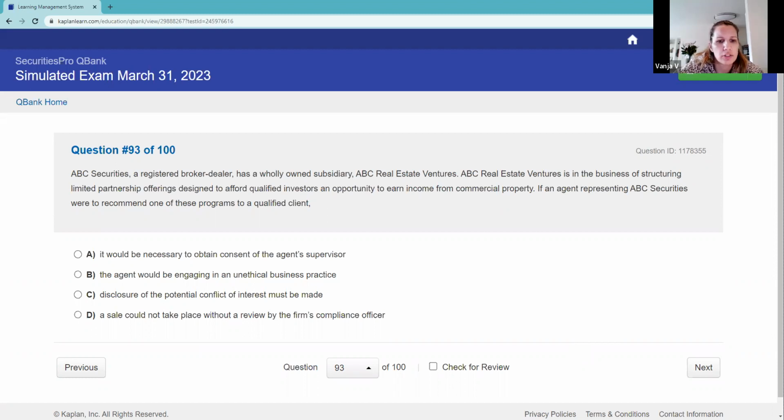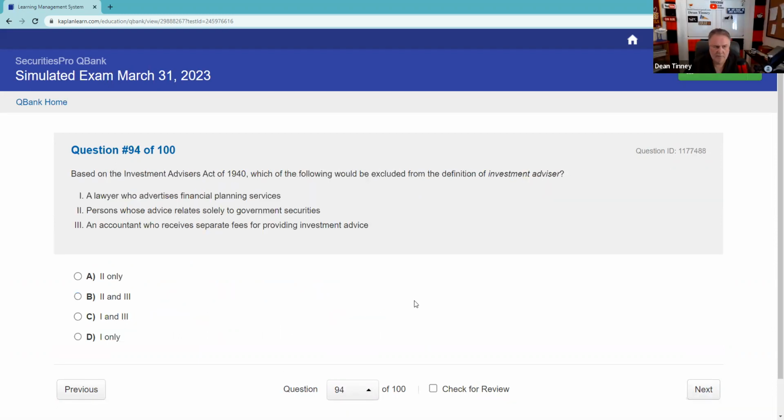The agent would be engaging in an unethical business practice. Disclosure of the potential conflict of interest must be made. A sale could not take place without a review by the firm's compliance officer. They're doing a business structure offering designed to offer qualified investors an opportunity to earn income in the commercial. Even though they're all fully owned, it still has to have a disclosure. So yes, disclosure of a potential conflict of interest. C. Man, I'm telling you, you've got a future in law.